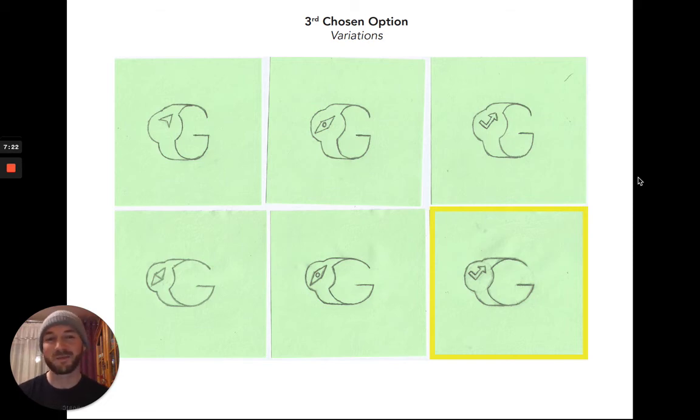But in the end, I kind of like the clean look of the circle G. But I have to say, I'm a little bit on the fence between these two, and it's something I definitely would want to play with a little more.